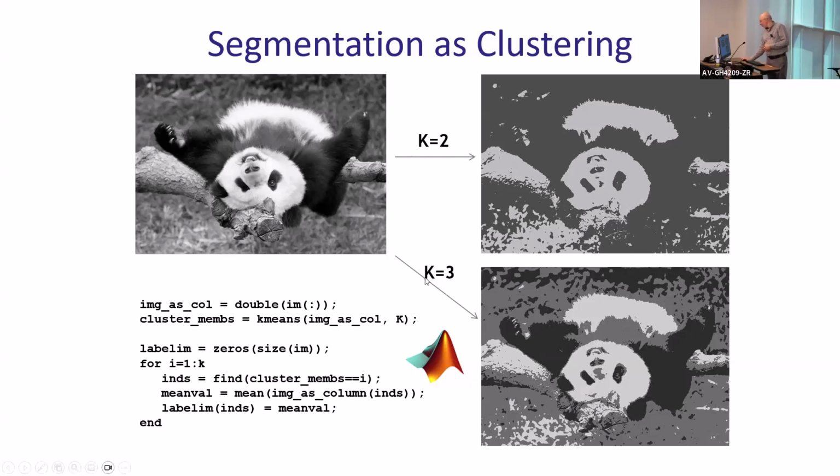If you make k equal 3, you will have 3 different levels of gray. And the colors that are representative here are the values of the centroid of intensity. So you color all of these white-like colors with that kind of grayish color, because the centroid includes all of the gray colors from here and some other places.